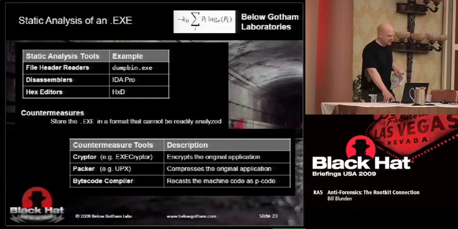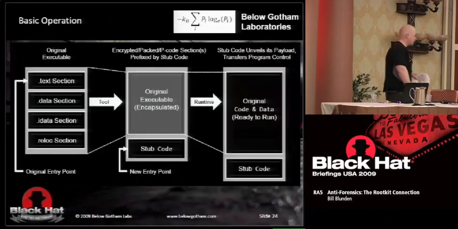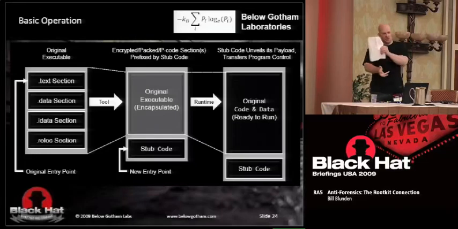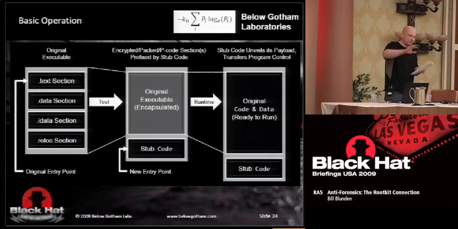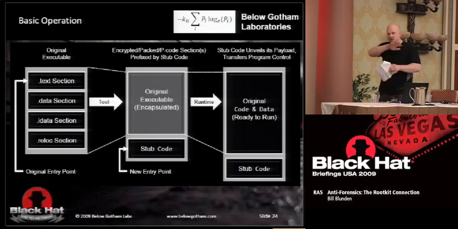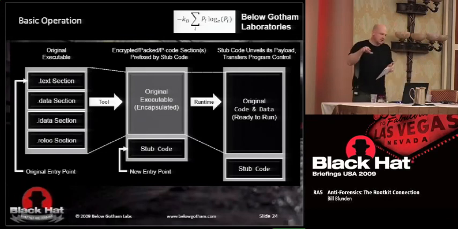And most of these techniques use the same basic methodology. You take the original application and you encrypt it, or you compress it, or you recast it as bytecode, and then you graft this stub code onto it, right? There's a new entry point in the stub code, so that when the executable gets launched, the stub code is launched instead.